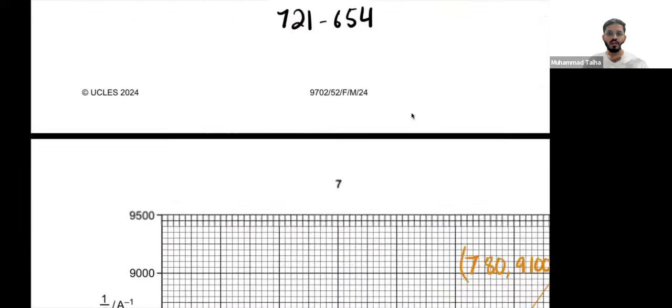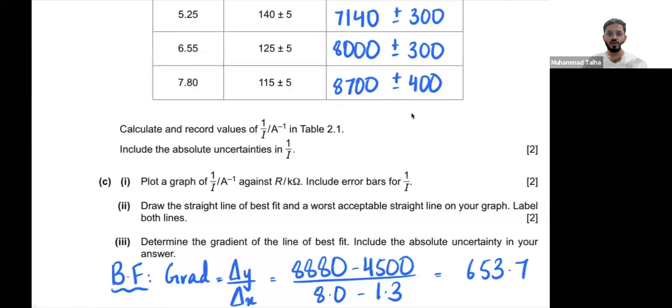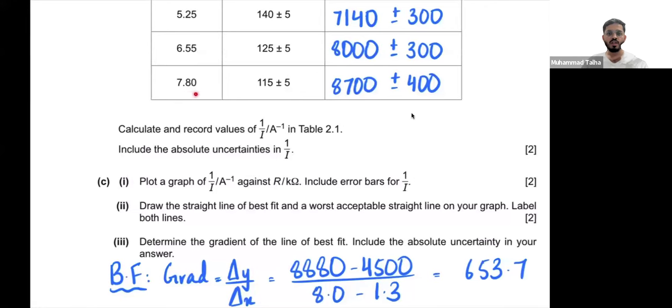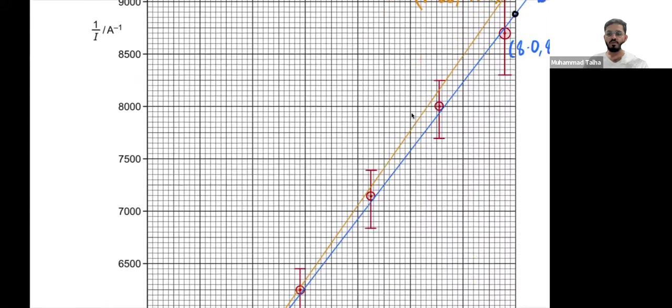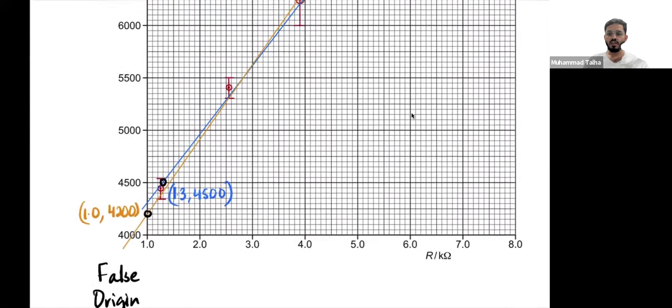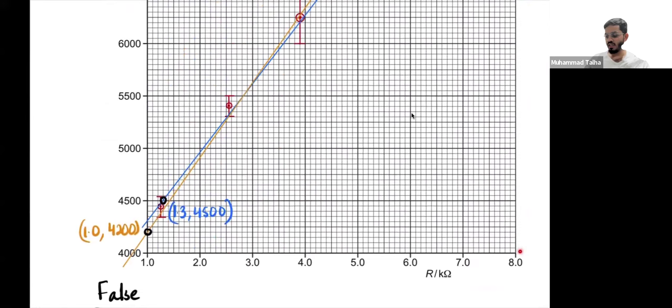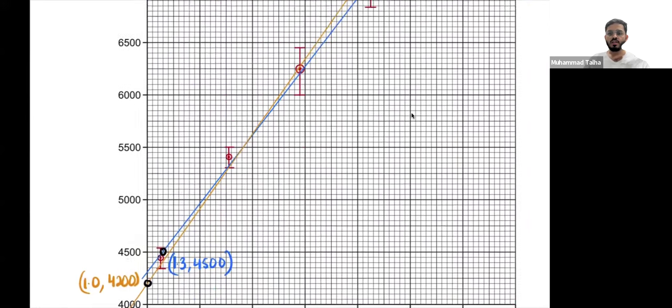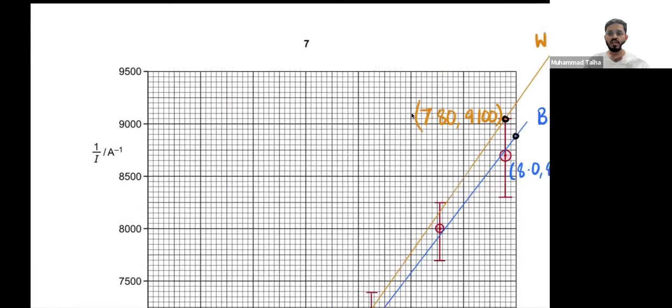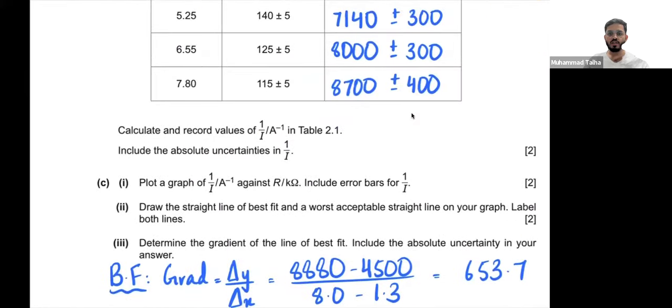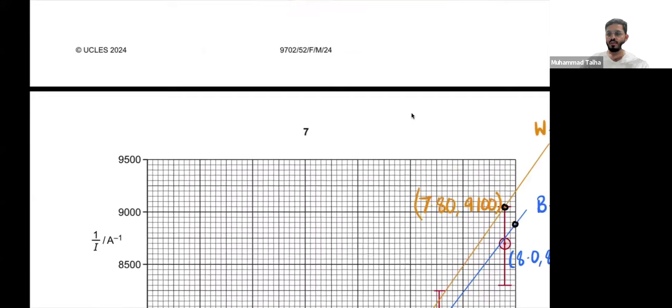Let's have a look at another value just to clarify how we're doing this. Let's take the last value, 7.8 and 8700. So 7.8 on the x-axis. This is 8, so this would be 7.9, and this would be 7.8, the second last line. My y value is 8700.